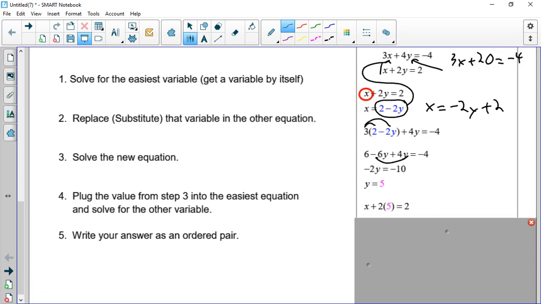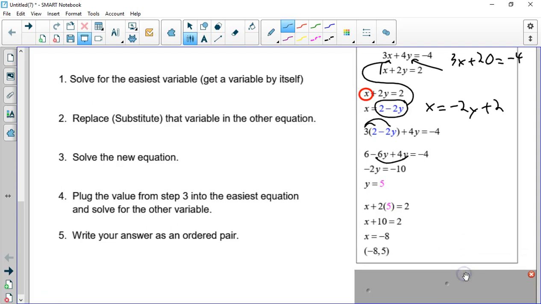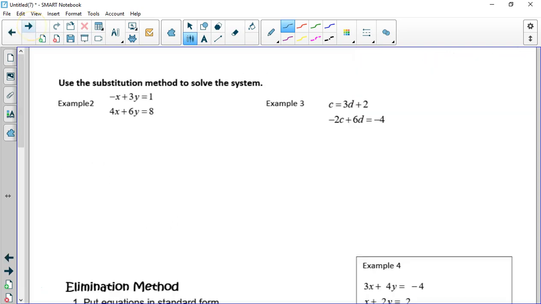You'd subtract 20 and divide by 3. You're going to get the same answer. It's just going to be a little bit more work to get x is -8. Now that you have both x and y, you're finished. And that is substitution.